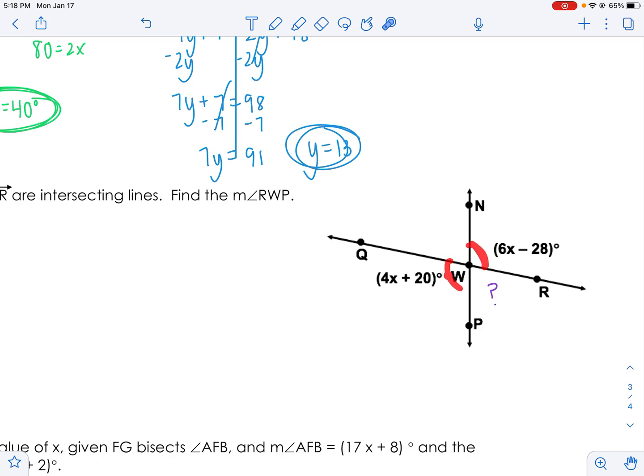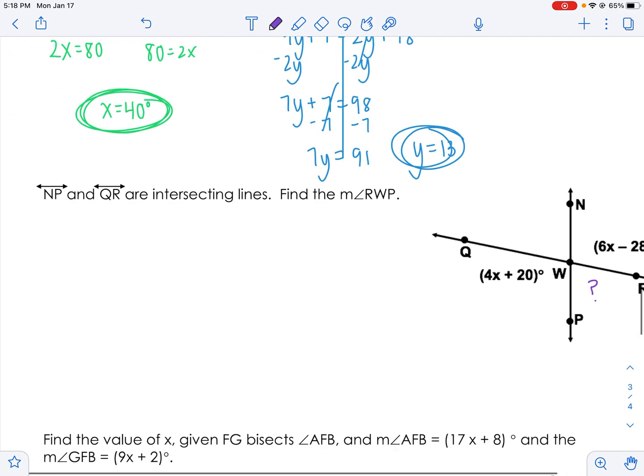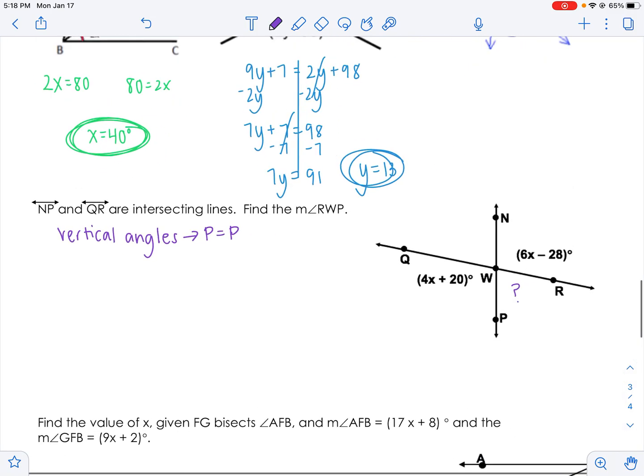So if I notice what type of angles are those, they're across from each other, how would we set this up? Well, they're vertical angles, which means they're congruent, which means part equals part. So I'm going to say 6x minus 28 equals 4x plus 20. And then I'm going to solve for x.